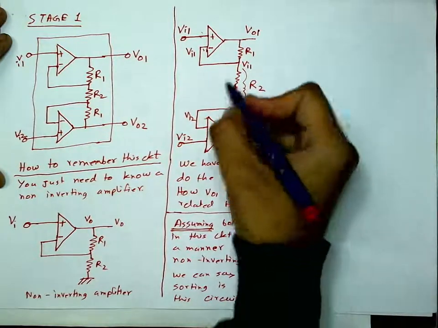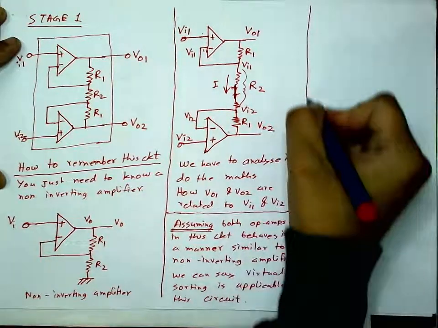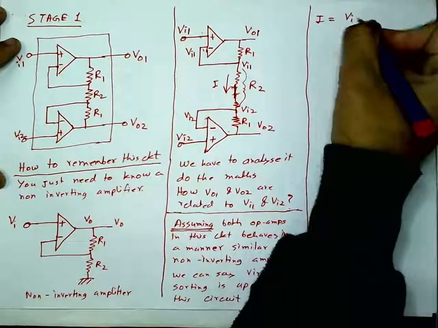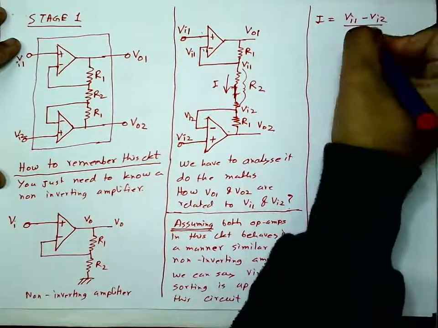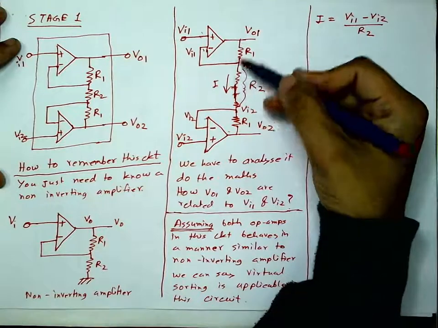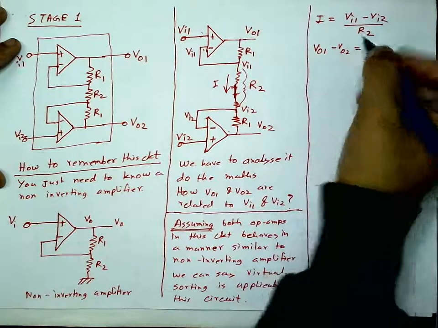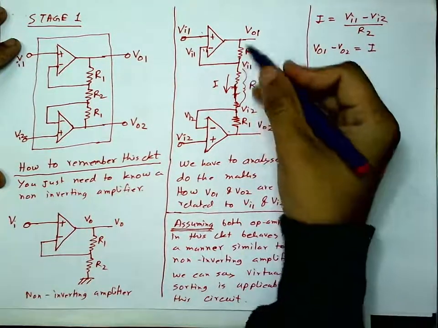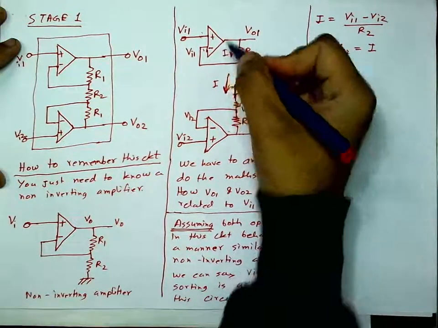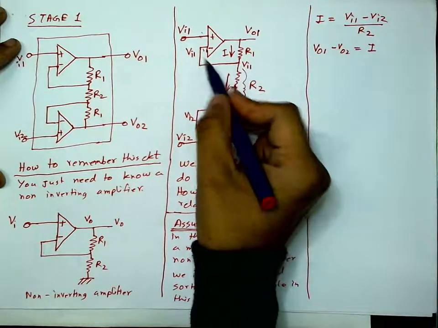Right? If so, then the current that flows through it, if I call it I, will be equal to Vi1 minus Vi2 divided by R2. Then what is the difference between VO1 and VO2? Note that this current I must flow also here, the same current I, because no current can flow through the input terminal of any op-amp.